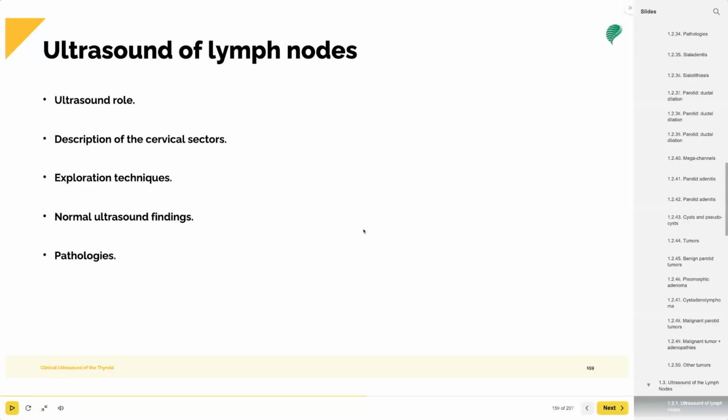Okay, the ultrasound of lymph nodes. So what is the role of ultrasounds while scanning the lymph nodes, the different sections? We will also speak about how to scan the lymph nodes, normal ultrasound findings, and pathologies.